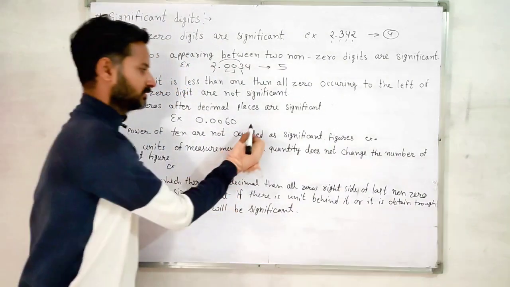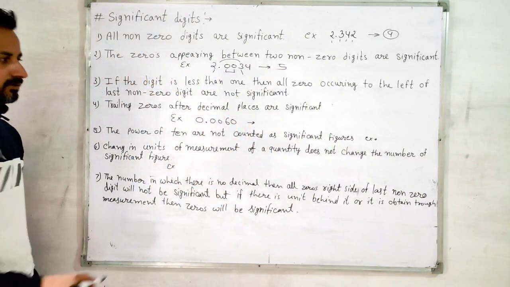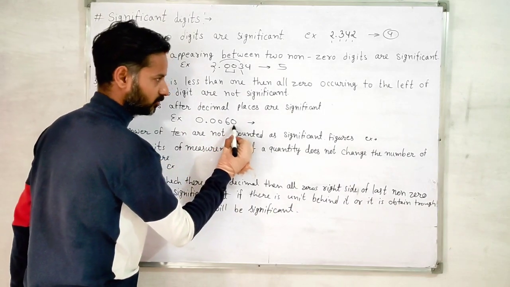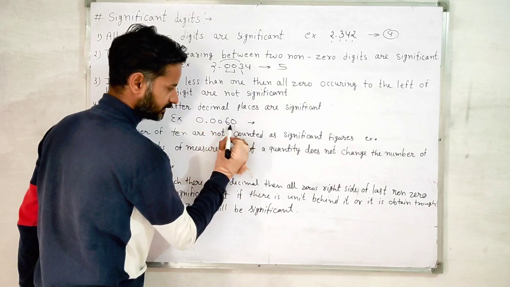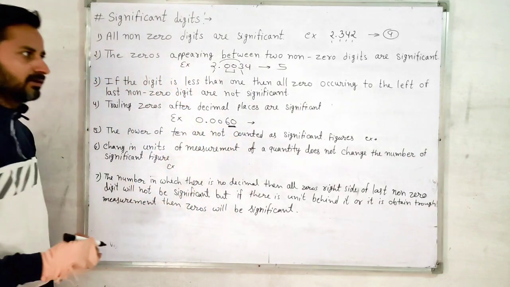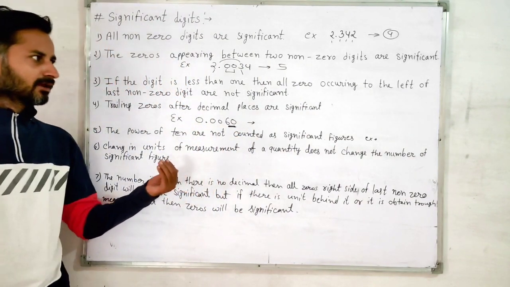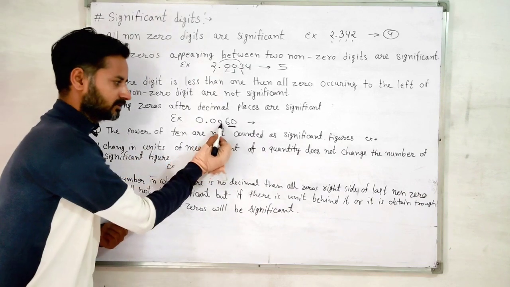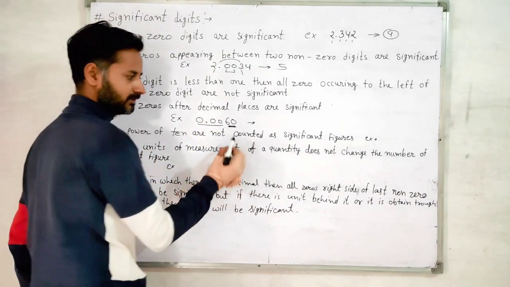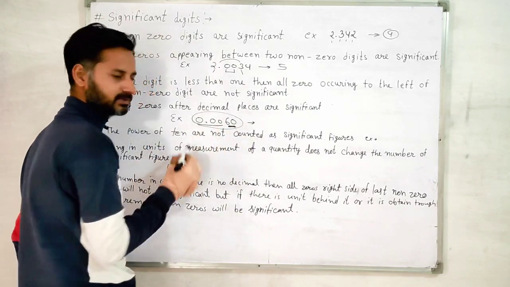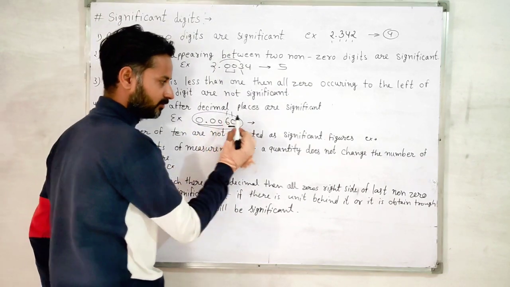In this case, this trailing zero will count as significant, but all zeros occurring to the left of the non-zero digits will not be significant. So in this example, the number of significant digits will be 2.